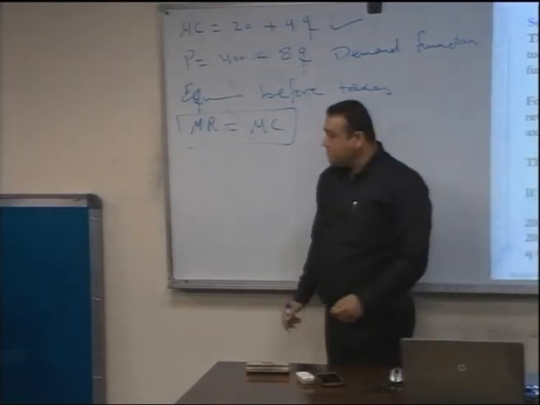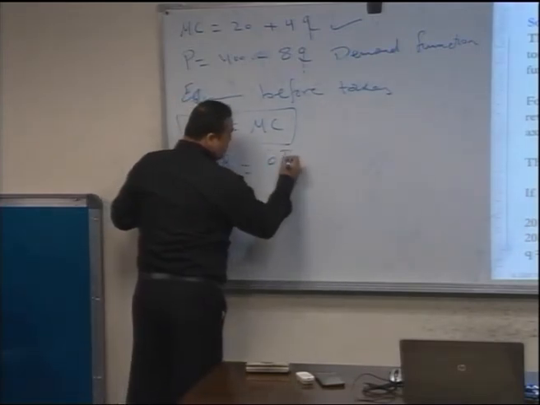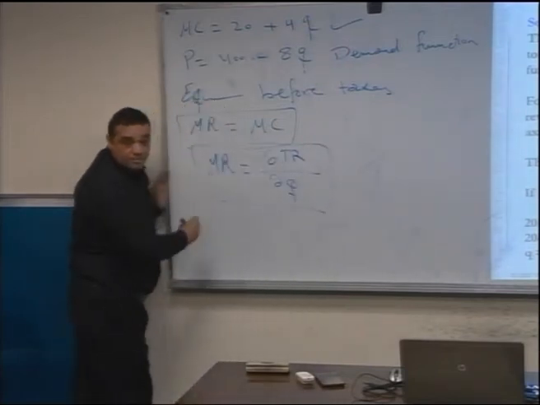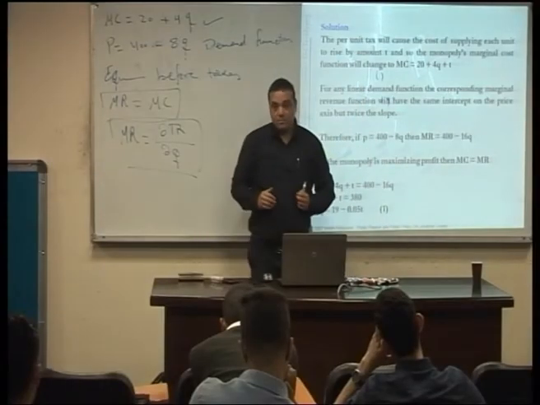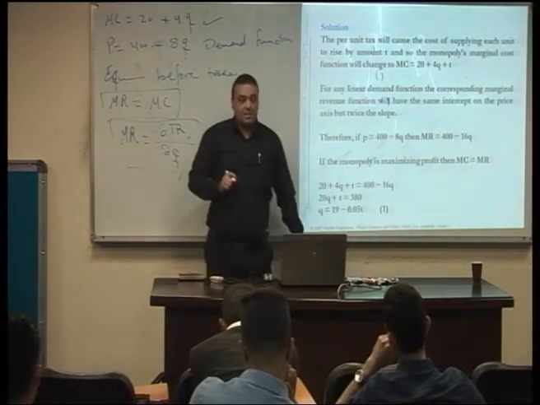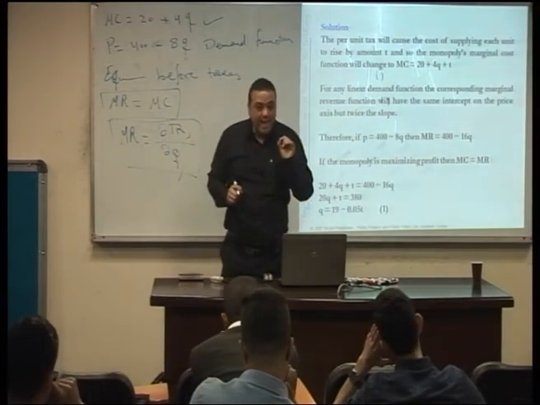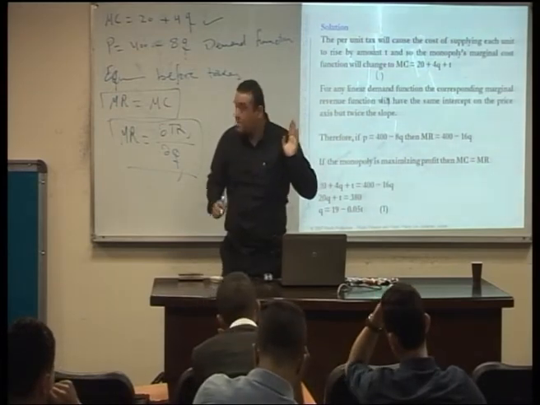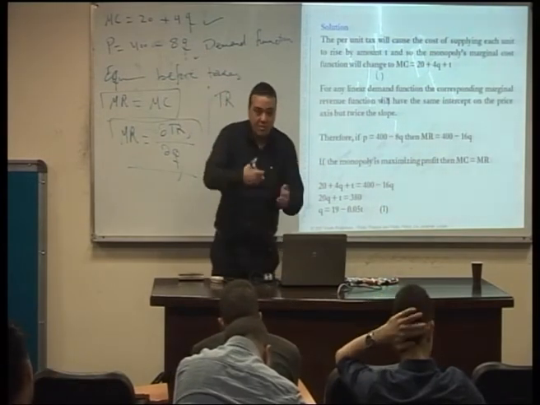What does MR equal? Marginal revenue equals the change in total revenue over the change in Q, right? The marginal revenue is the change in the total revenue, correct? Meaning each unit produced, how much does it add to the total revenue. So I have to derive the total revenue function, and from this total revenue function I then differentiate.